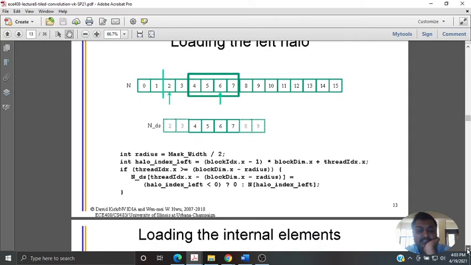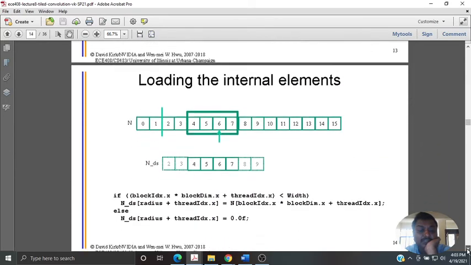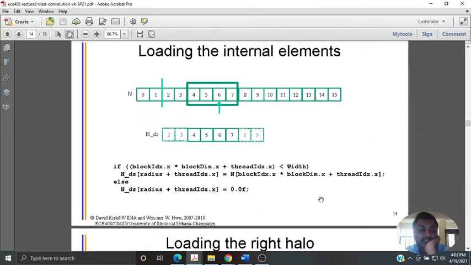Then similarly the internal elements you load as within one block. It is well within the tile width, whatever 4 here is considered block idx. So you are not going left, and with respect to dimensions the individual blocks are 6 whenever you want to compute that particular element pointed by thread idx dot x. So it is less than that. Now that can be loaded.